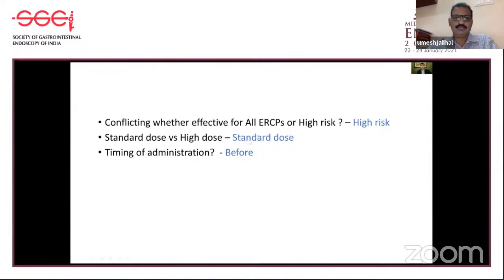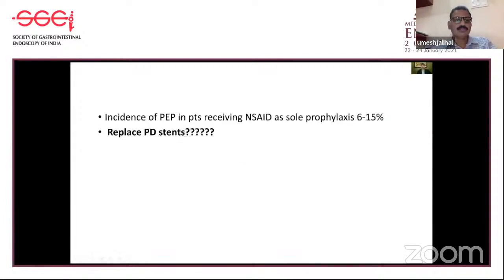There is no role for administration of a higher dose. And if you can, you're better off giving it before the procedure. So again, I want you to remember that patients who are still getting NSAIDs just as a sole prophylaxis have a 6 to 15% risk, based on the data that are available.